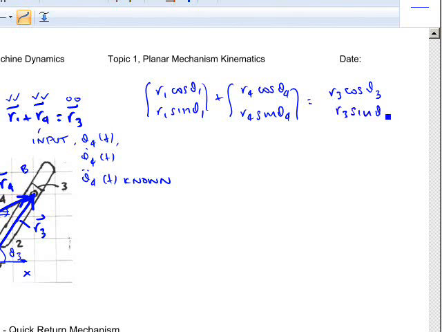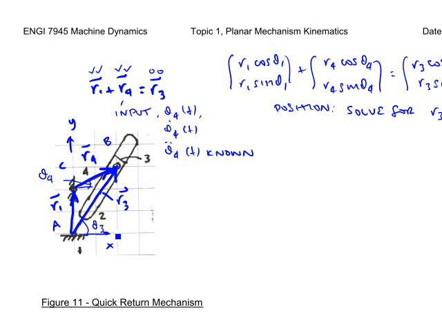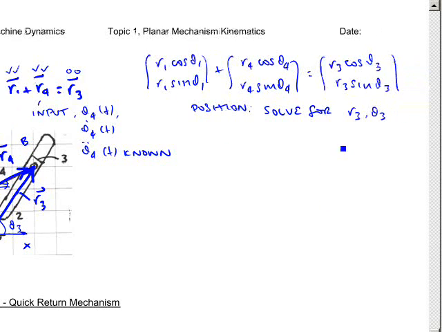So all the position vectors look the same except for the subscripts. So my goal in position analysis is to solve for r3 and theta 3. I may need to do some funky trig or a numerical nonlinear equation solver to get those, but those are my position unknowns.